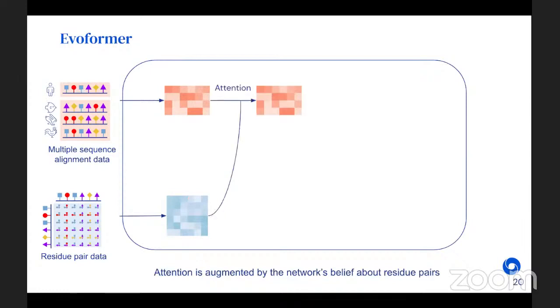Now, the first update we do is attention on the rows of the multiple sequence alignment. So within each row, we will do a self-attention operation as described yesterday. But to make this more specific to what we know about the protein problem, we will augment this with the network's belief about residue pairs.